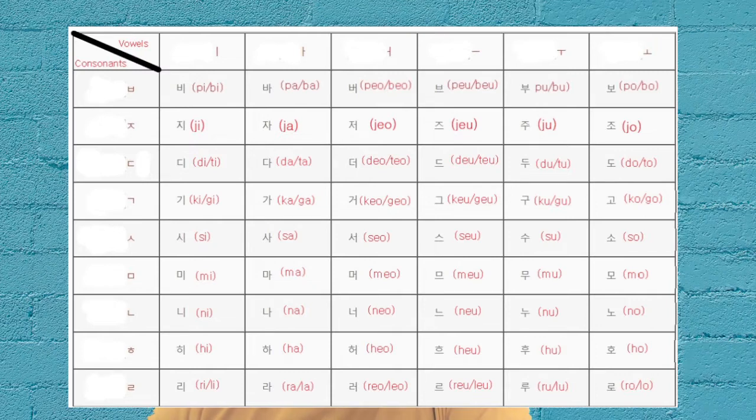Then mi, ma, mo, mu, mu, mo. Next, ni, na, no, nu, nu, no. Then H: he, ha, ho, hu, hu, ho. And next, ri, ra, ro, ru, ru, ro.